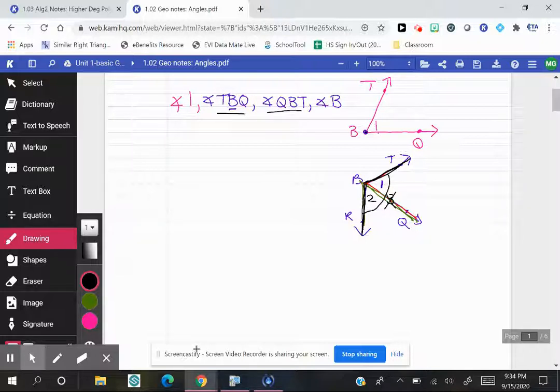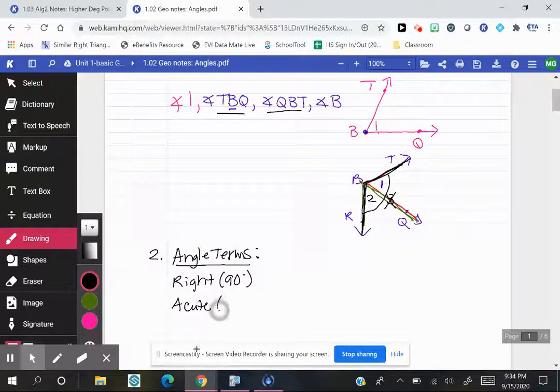Let's also talk about just general terminology with angles. Some angle terms that you should all know. You should know what a right angle is. So hopefully in your head you're thinking 90 degrees. You should know an acute angle. An acute angle is less than 90 degrees. You should know an obtuse angle.